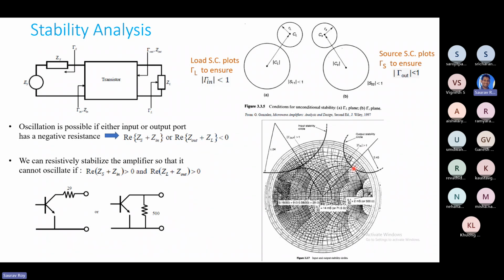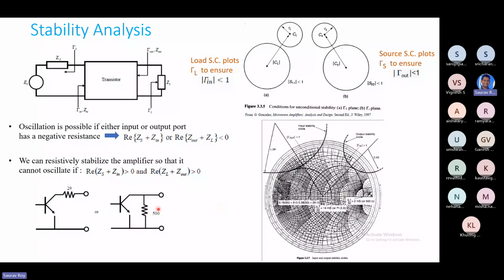So that means at this frequency point of our interest, we have a negative resistance, or negative admittance, with a resistance connected in parallel of 500 ohm. That gives us the intuition that if we add another 500 ohm in parallel, that will lead the real part of this to 0.